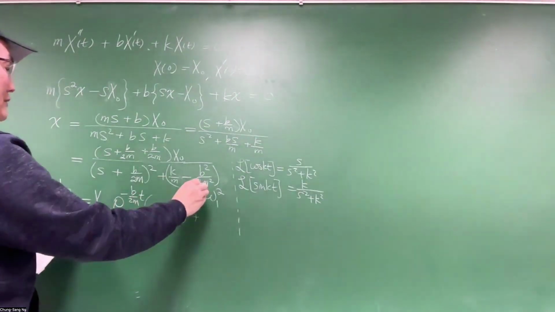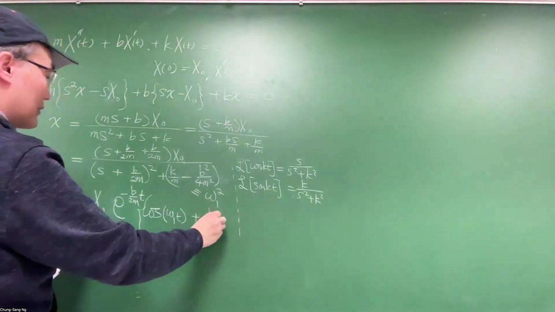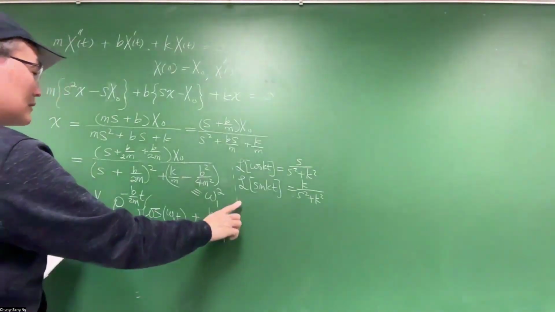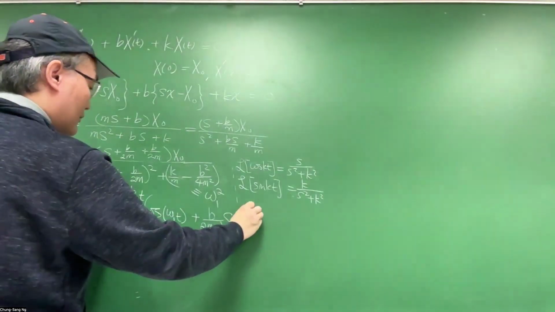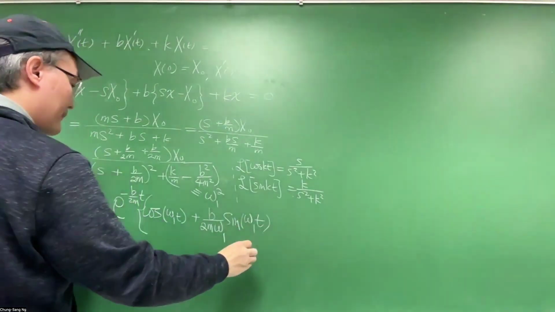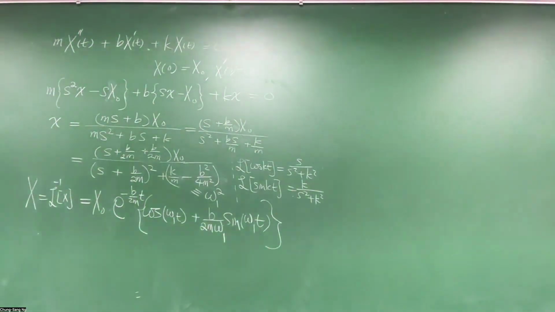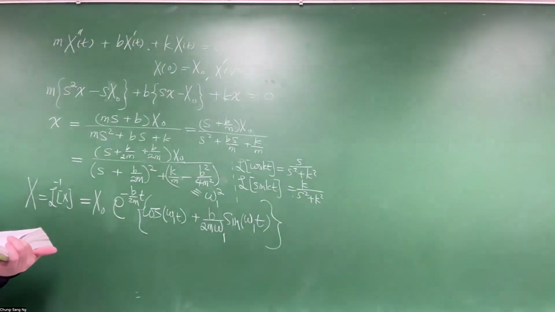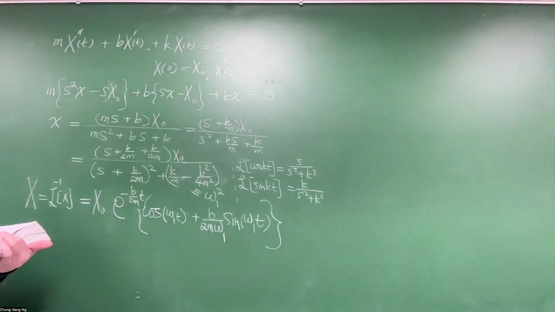The second term has you multiply omega 1 divided by omega 1, so b over 2m omega sub 1, and that one is a sine omega 1t. Right. That should be the answer. Right. Let's look at that. All right, so that is the answer.